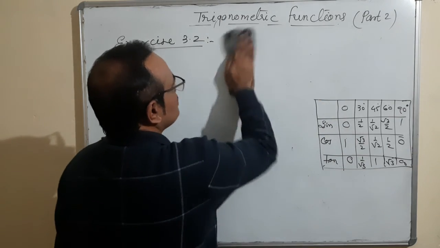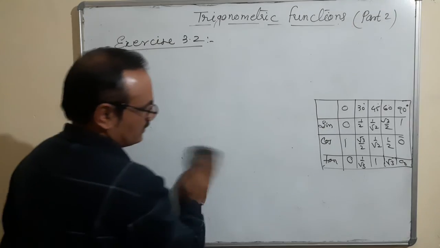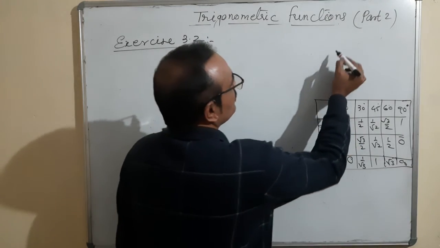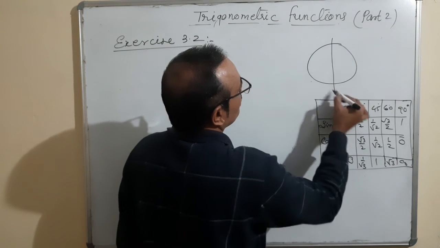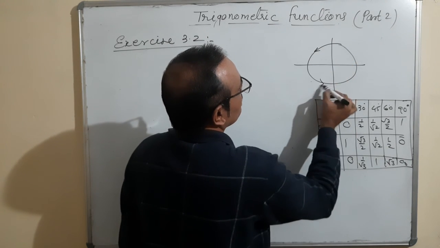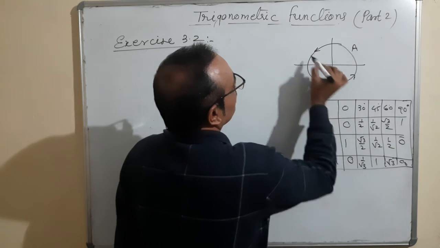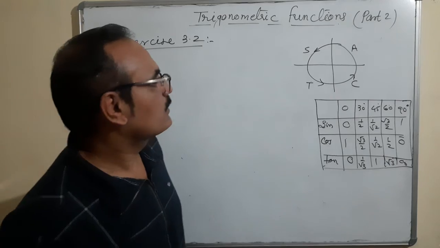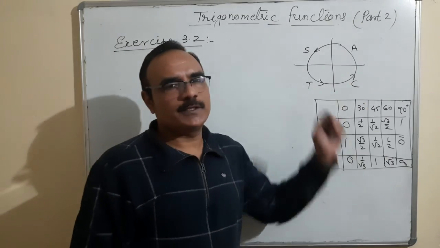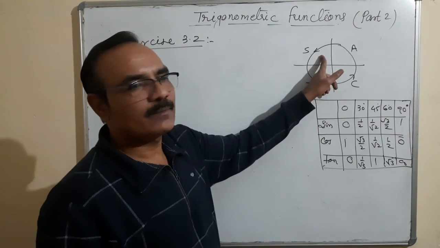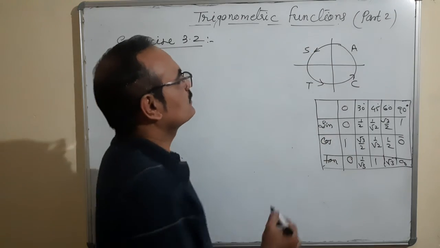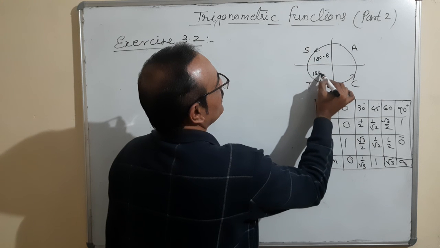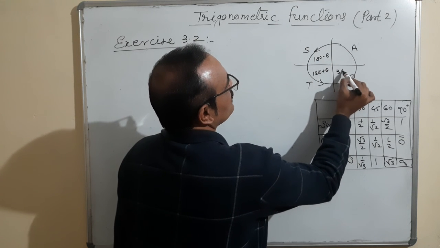For finding the value, I am writing the term which I told you. This is the direction: A S T C, after school to college. 180 minus, 180 plus, 360 minus.